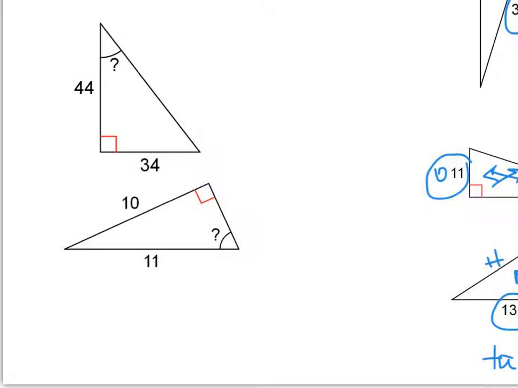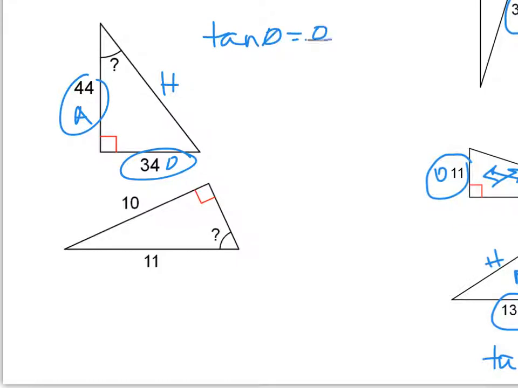So first step, label HOA. I have numbers at A and O, which means I'm going to use tangent. So tangent of theta equals O over A. So tangent, I still don't know my angle. Theta equals O is 34 over A is 44. And we're going to do inverse tangent.